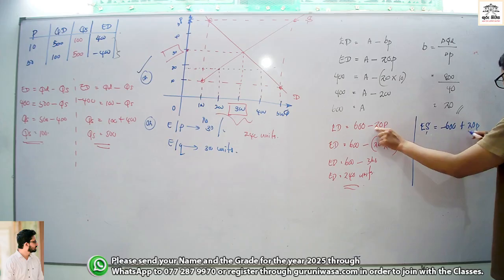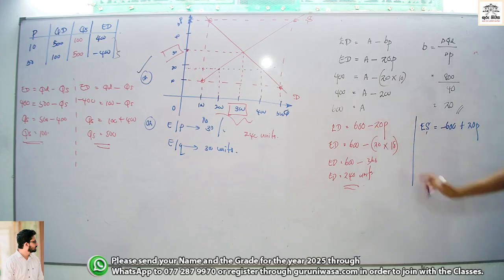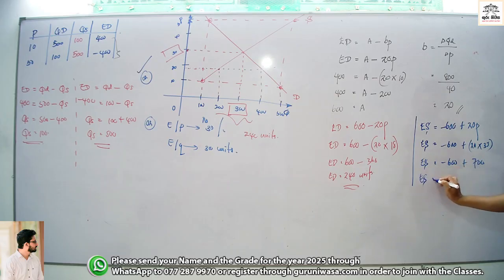No need to derive it. The sign changes, right? Then at price 35, ES equals minus 600 plus 20 into 35. ES equals minus 600 plus 700. ES equals 100 units.